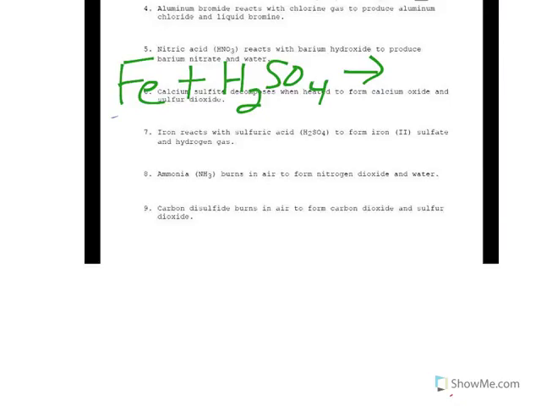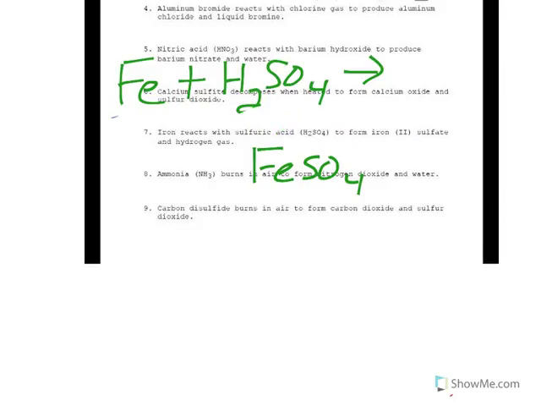Iron(II) sulfate, so iron and sulfate. These are ionic, so you're going to need some swap and drop. Iron(II), Roman numeral 2, tells us that this is 2 plus, and sulfate's the polyatomic. Sulfate is 2 minus charge. So you see that those charges, again, they're just canceling out. Okay?